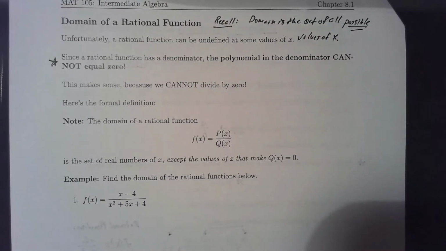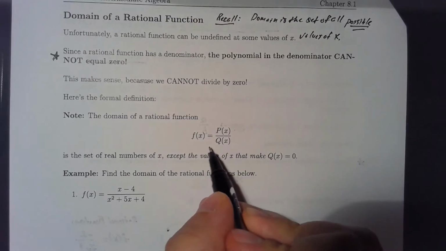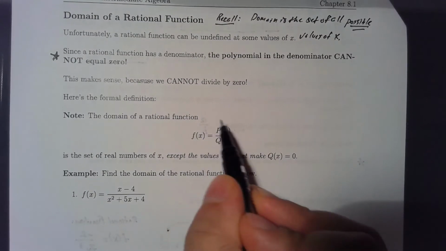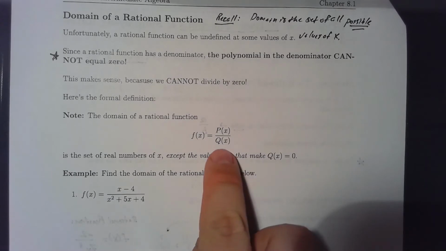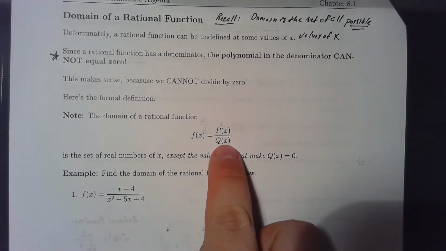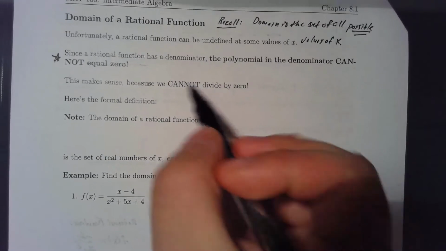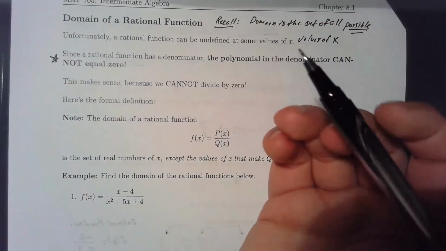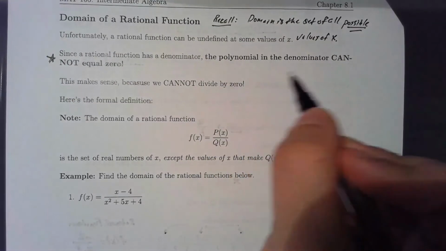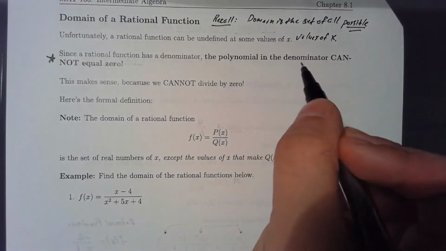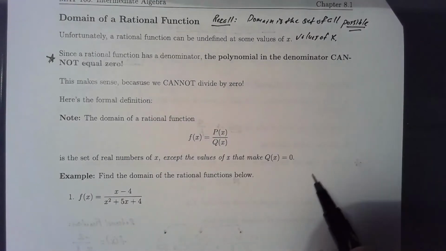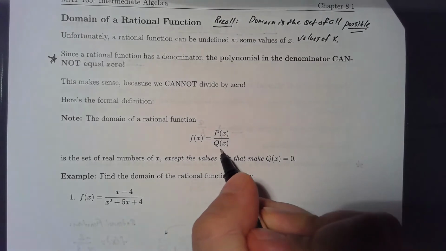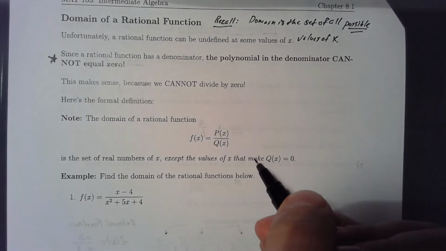Well, that means that if I have a rational function, which is this form right here, the polynomial that's in the denominator cannot equal 0. Since a rational function has a denominator, because it's a ratio, that means q of x cannot be 0.